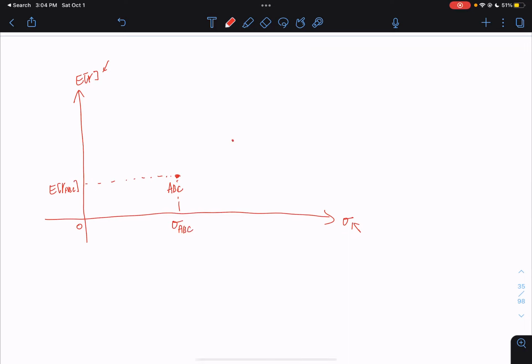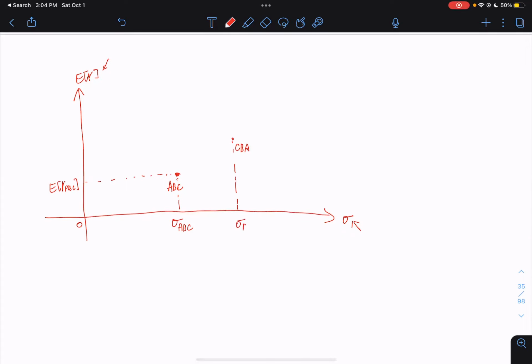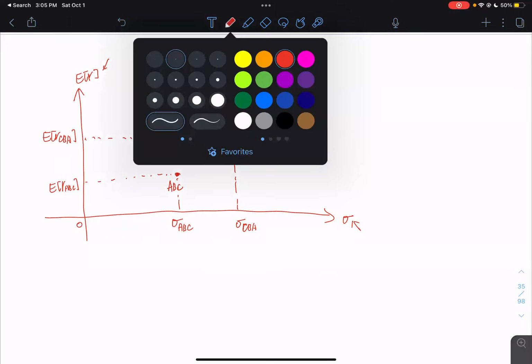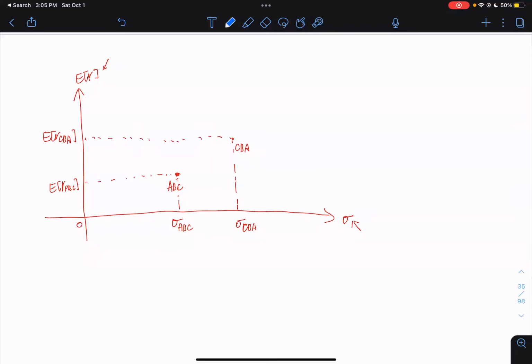And you have a CBA here. It corresponds to the standard deviation of CBA and expected return of CBA. These are just the two portfolios that are visualized using this chart.